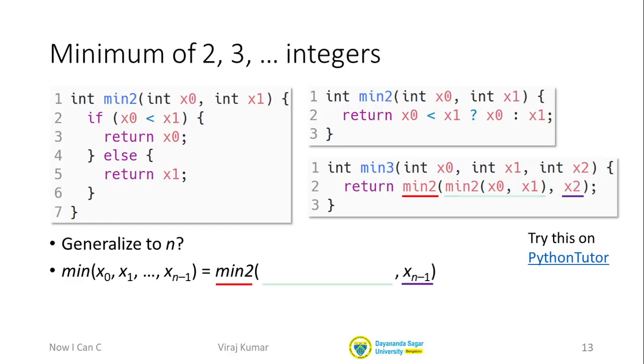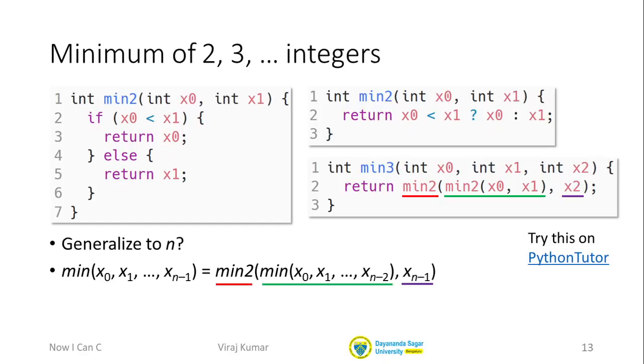We had said that the first argument was the minimum of x0 and x1. So if we want to generalize this idea to n integers, clearly we would have to have the minimum of the other integers that were given. So a minimum of the other integers will basically translate to this, minimum of x0, x1 all the way up to xn minus 2.